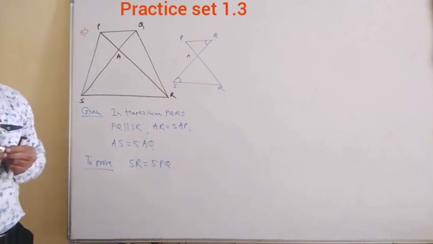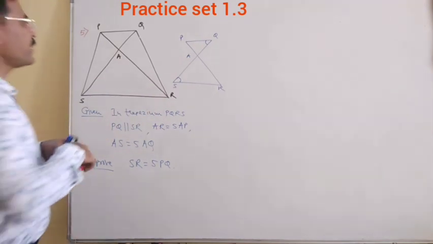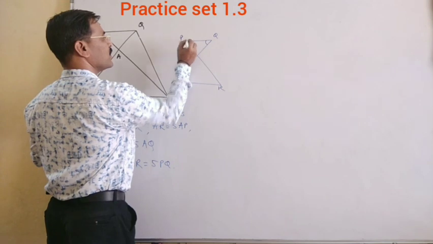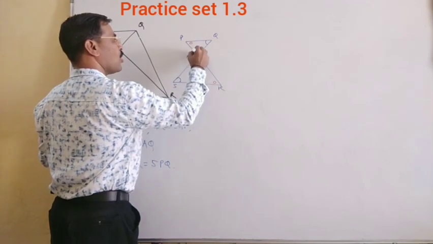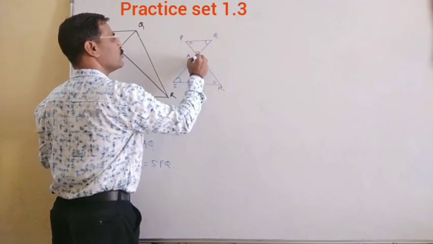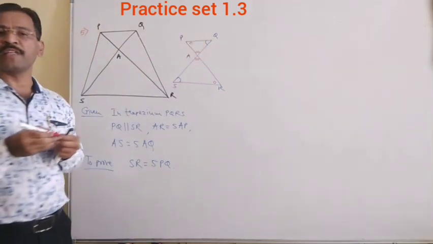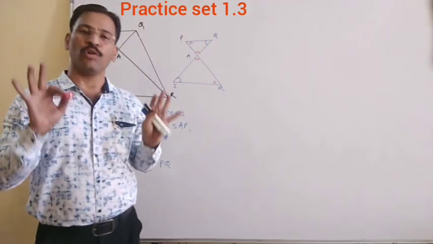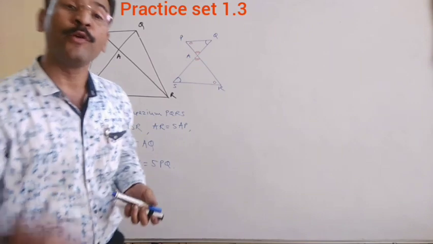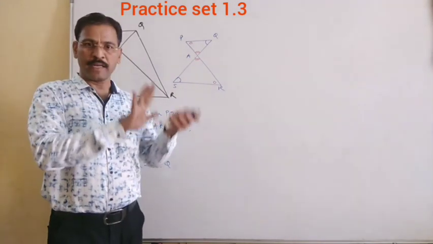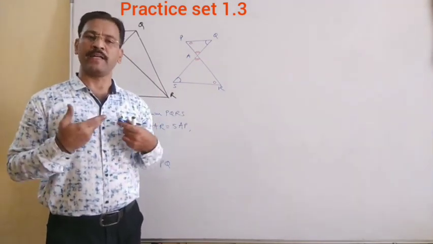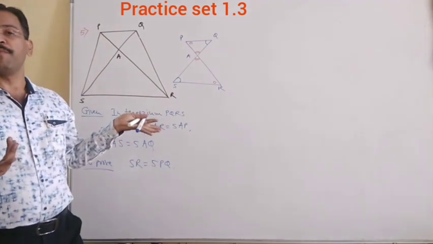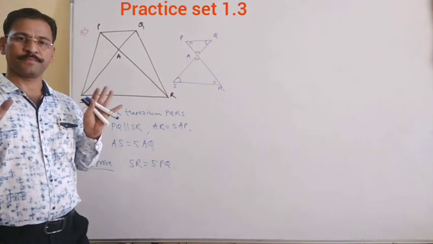Because of alternate angles. Now you can take this one with this one, or you may take this one with this one. Out of all these three angles, we can take any two of them. So now I am going to take one alternate angle and one vertical angle. Then these two triangles become similar.